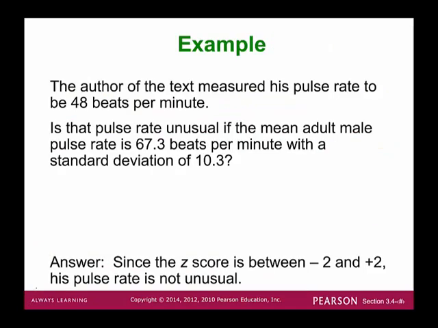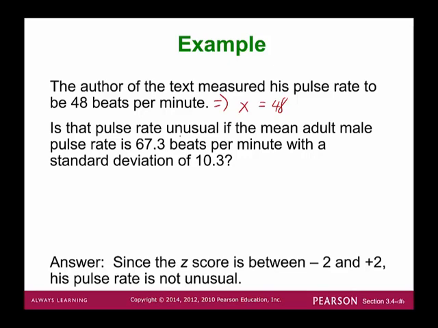Let's take a look at an example of calculating Z-score. The author of the text measured his pulse rate to be 48 beats per minute. We can assume this is the x value, x equal to 48. Is the pulse rate unusual if the average adult male pulse rate is 67.3 beats per minute?